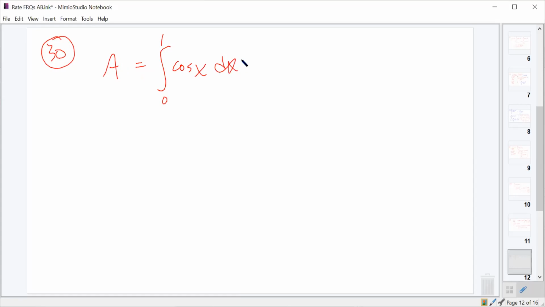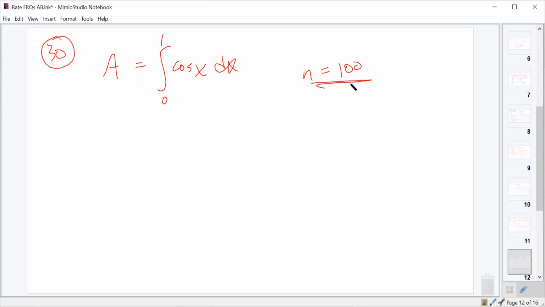And it says they're estimating the value of a using a left, a right, and a trapezoidal approximation with n equal to 100. So going from 0 to 1 of cosine x.